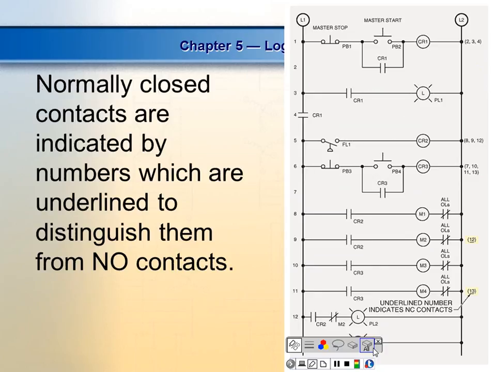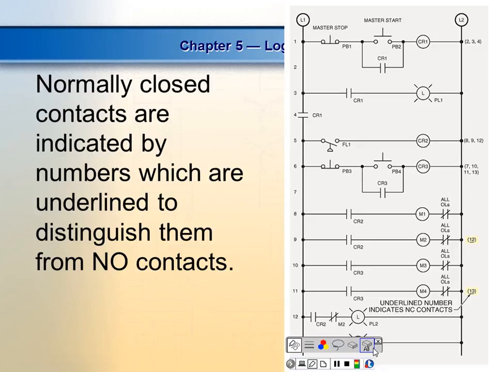Okay, so what we need to do is add another little thing to it. How do we identify normally closed contacts? No, on the numerical cross-reference. You're right, over here I identify it with a line through the contact. But over here we identify it with the cross-reference.